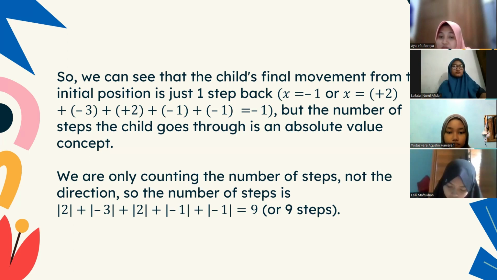So the number of steps is the absolute value of 2 plus the absolute value of -3 plus the absolute value of 2 plus the absolute value of -1 plus the absolute value of -1, and that equals 9. So we can conclude that the child took 9 steps.